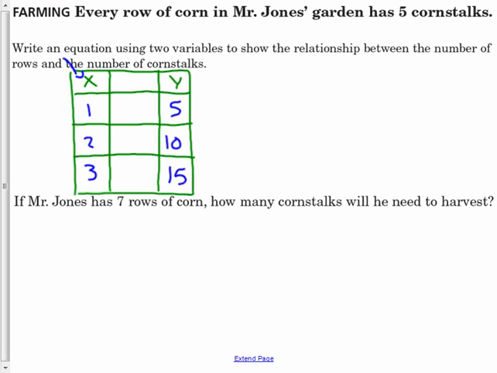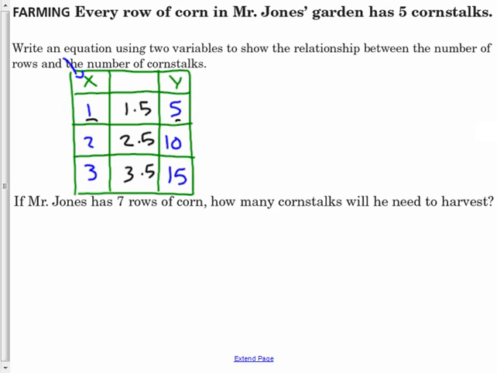So I have to look at how did I decide that? I could say I skip counted by 5s, 5, 10, 15. But again, we want to start looking at it algebraically. We want to start looking for how did I get from my input to my output? Well, if I look in each case, 1 times 5 is 5, 2 times 5 is 10, and 3 times 5 is 15.